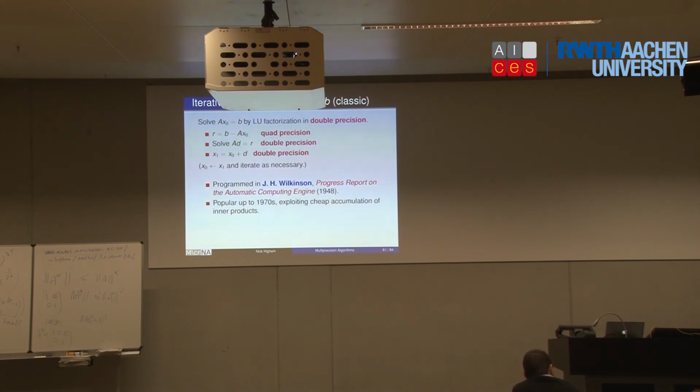So all you had to do was grab that result before it was rounded back. So his r was essentially no extra cost. He then solved for this correction vector d in double precision, and then he added d back into the original solution x0.